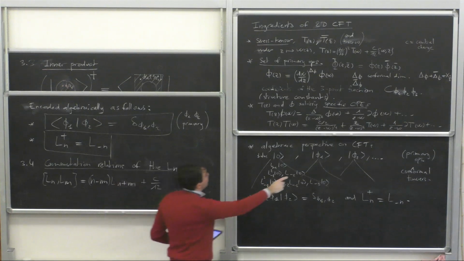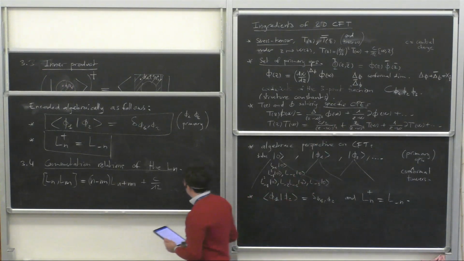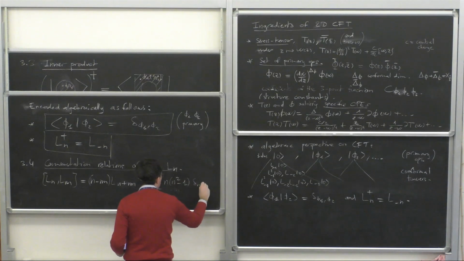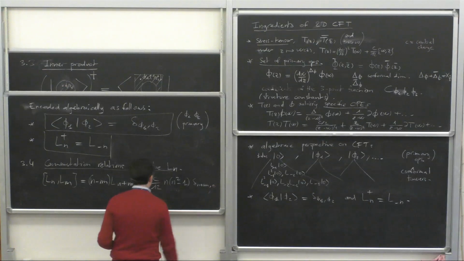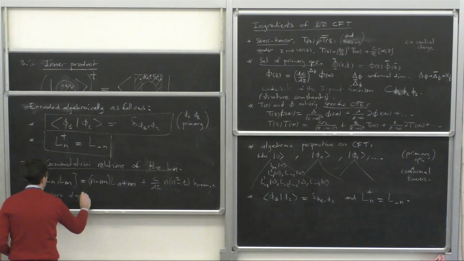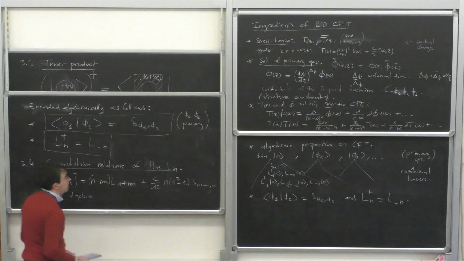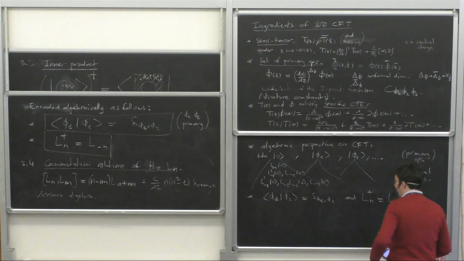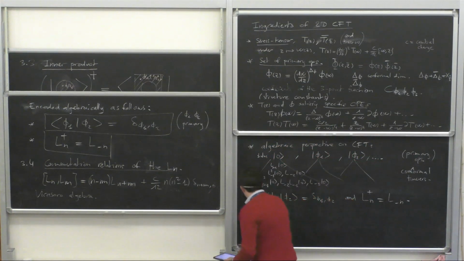This term comes from here when you do the calculation. c over 12 times (n cubed minus n), delta_{n+m,0}. That's called the Virasoro algebra. It's just the algebraic way of writing this operator product expansion. Okay, so there is a Virasoro algebra where the central charge shows up.